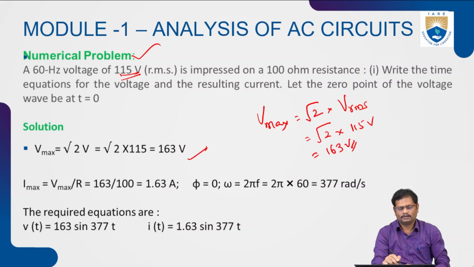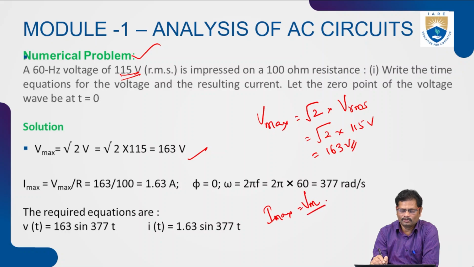After finding the maximum value of voltage, as the resistance is given, we can find according to Ohm's law, Imax. The formula for Imax is Imax equal to Vmax by R. So Vmax we already found as 163 volts, and R is 100. So we get 1.63 amps.